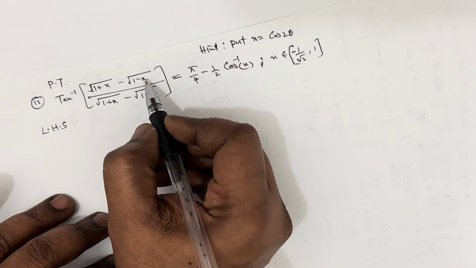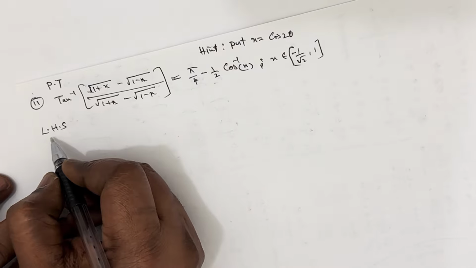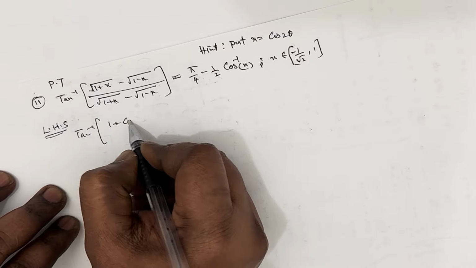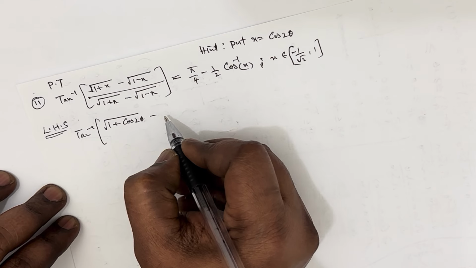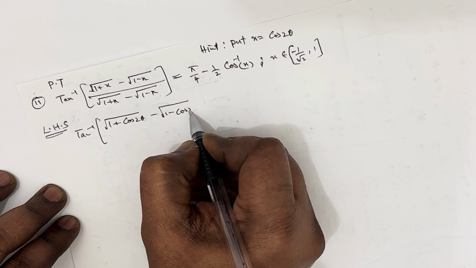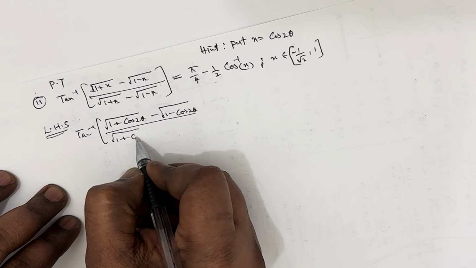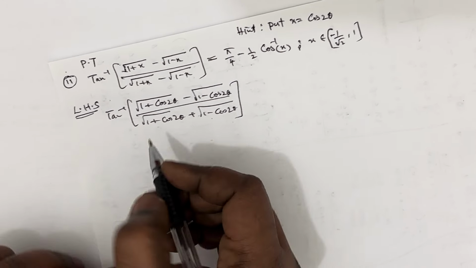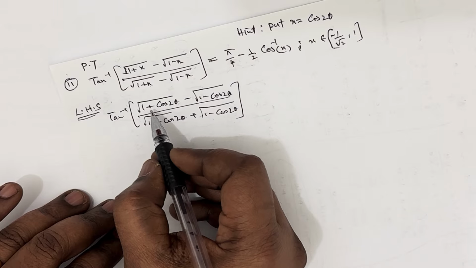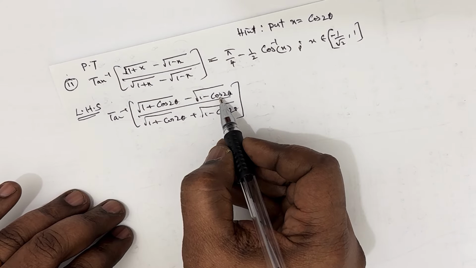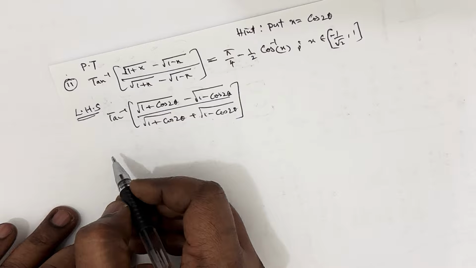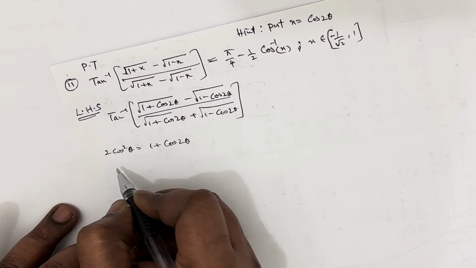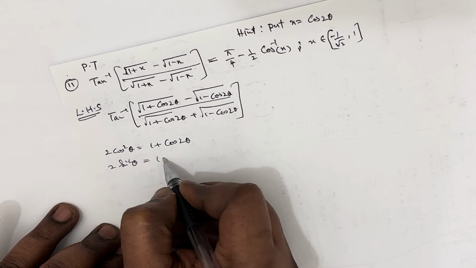So let's put the value of x as cos 2θ. Now the left hand side is tan inverse of (√(1 + cos 2θ) − √(1 − cos 2θ)) divided by (√(1 + cos 2θ) + √(1 − cos 2θ)). Now 1 plus cos 2θ and 1 minus cos 2θ resemble a trigonometric formula: 2 cos² θ is equal to 1 plus cos 2θ, and 2 sin² θ is equal to 1 minus cos 2θ.